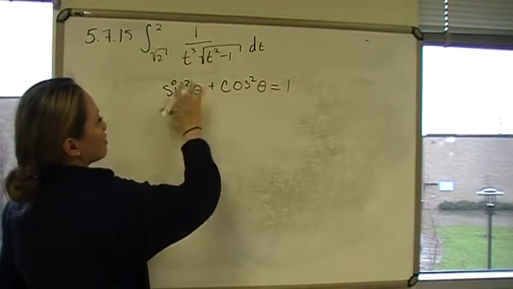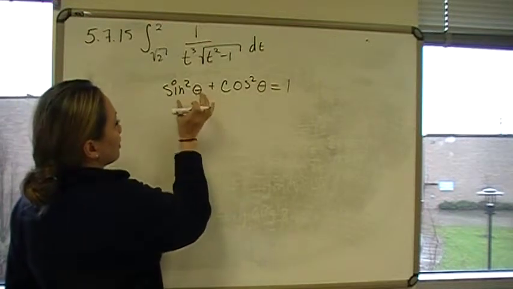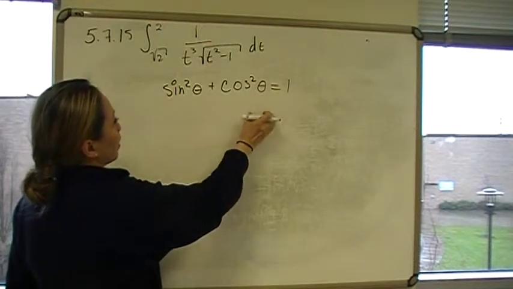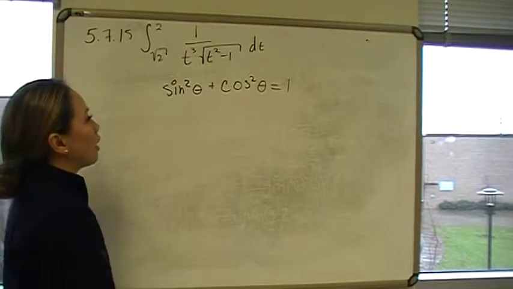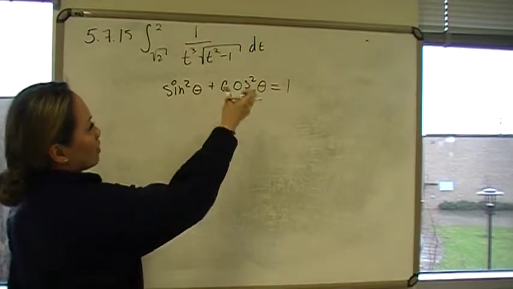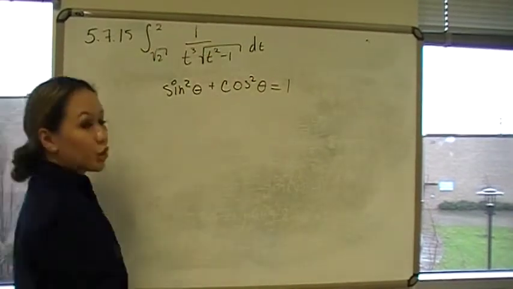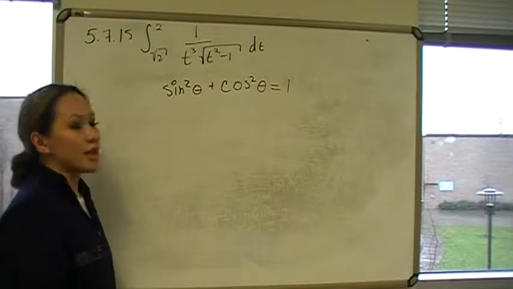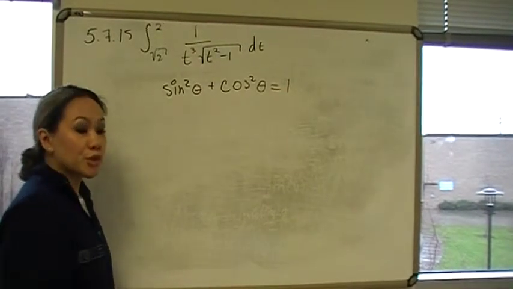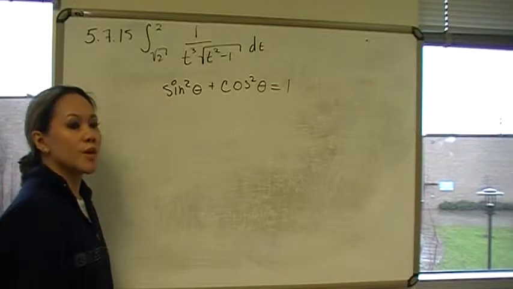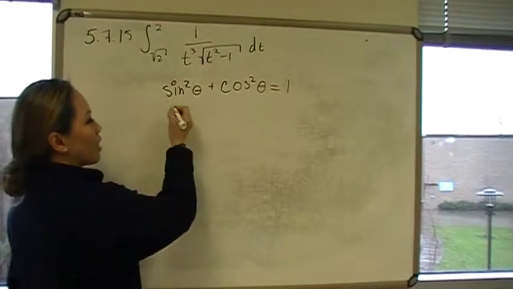So if we can get this in some kind of format that looks like something squared minus 1, and we can make a substitution, we can restate this integral in terms of trig identities and use different trig identities to solve the problem. So we have a couple of options.